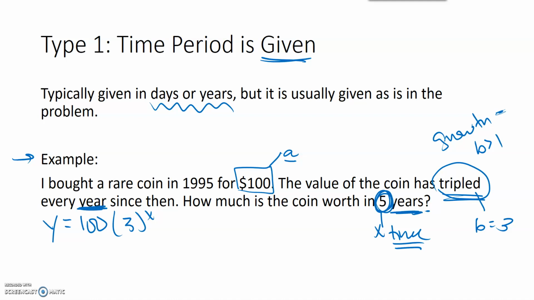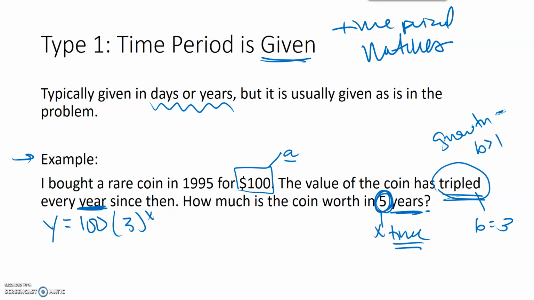The time period matches. It is the same unit. I'm not saying it tripled every month and how much is it worth after 5 years. It triples every year. I want to know how much it is after 5 years. Those two units match each other. That's type 1.